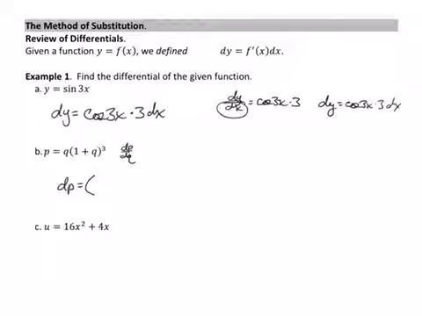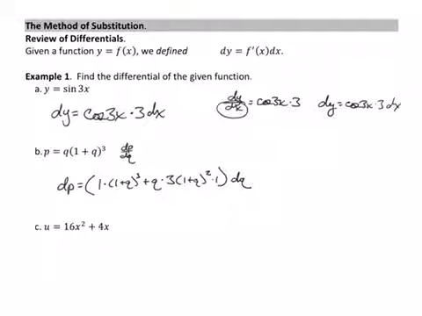We'll take the derivative of q, which is 1, and then we leave the 1 plus q cubed alone. And now we need to leave the q alone, and we take the derivative of 1 plus q cubed, which requires the chain rule. We will bring the 3 down, lower the power by 1, 1 plus q, not cubed anymore, but squared, and then we multiply by the derivative of 1 plus q, which is just 1. Now that's the entire derivative that we just wrote in parentheses, and so we have a dq here at the back end.